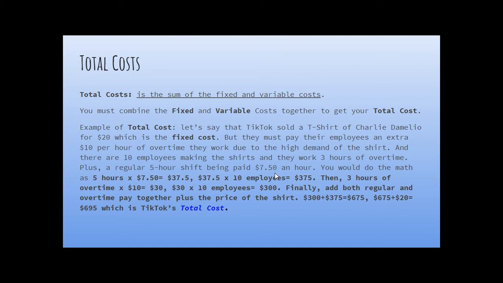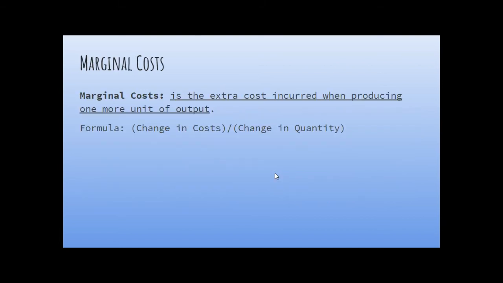Right. Let's move on to marginal cost. Marginal cost is the extra cost incurred when producing one more unit of output.